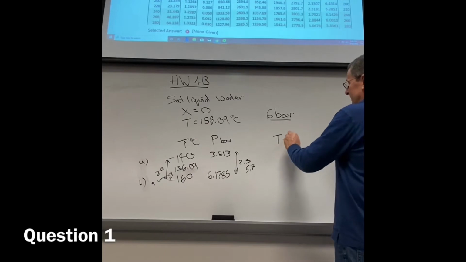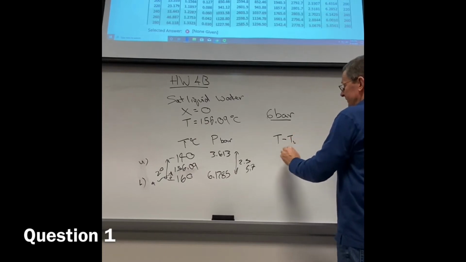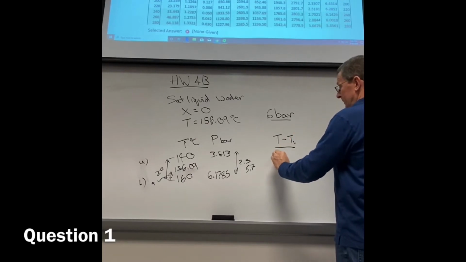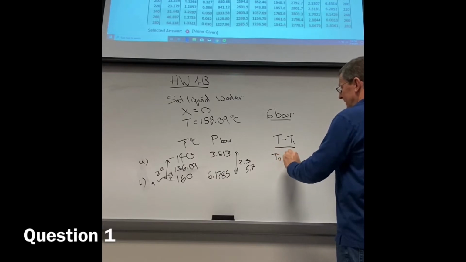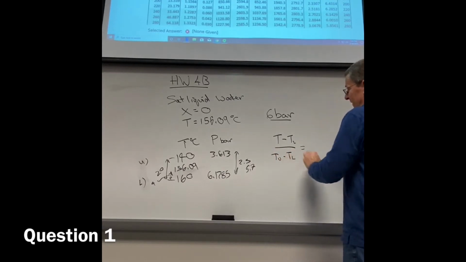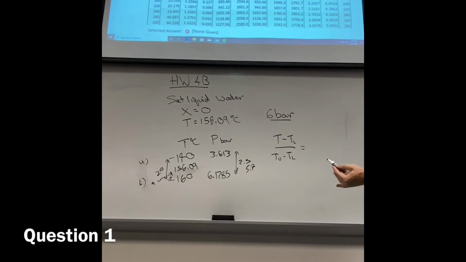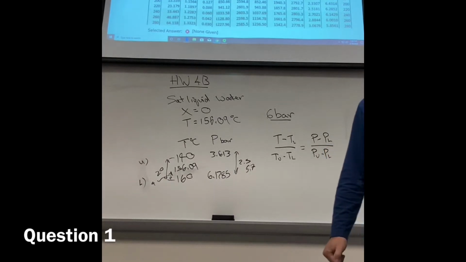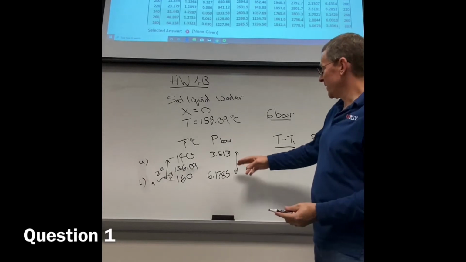So (T minus TL) over (TU minus TL), and then you need to make sure, whichever one you call upper and lower, it doesn't really matter, but you have to be consistent. So then I have (P minus PL) over (PU minus PL). And it doesn't mean the higher and the lower value. Sometimes the two go in opposite directions.